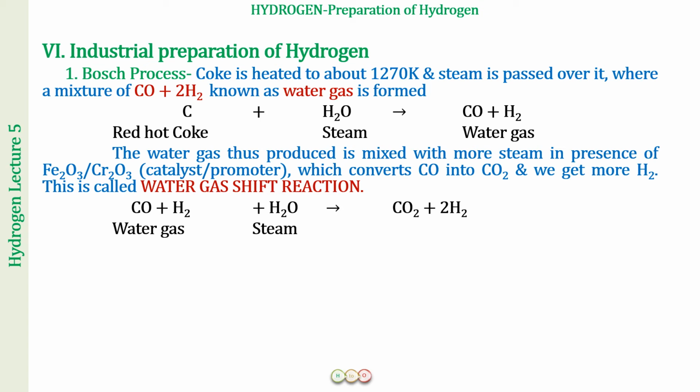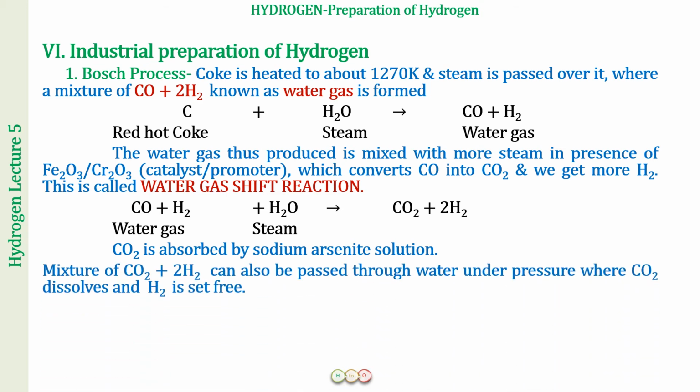Now what we have got is carbon dioxide and hydrogen. What do we need? We need hydrogen and not carbon dioxide. So carbon dioxide can be removed by scrubbing with sodium arsenide solution, or another way is by passing the mixture of carbon dioxide and hydrogen through water under pressure.